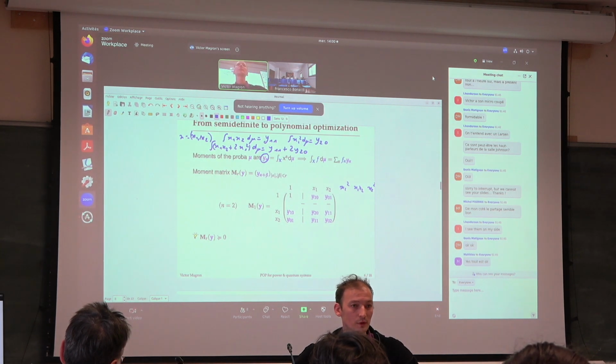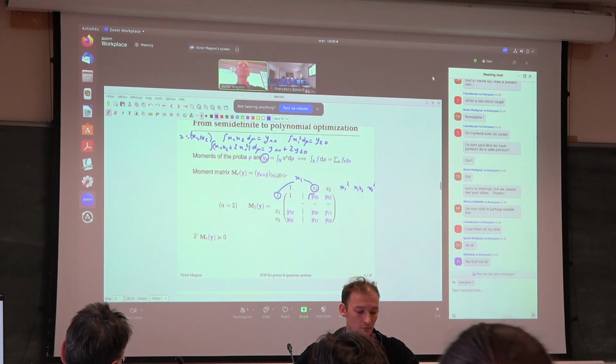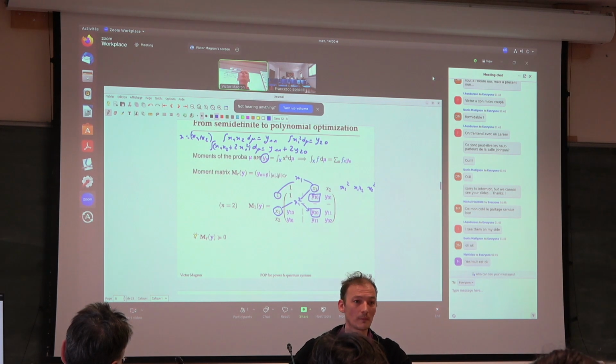And to decide which moment you put, you multiply the column index by the row index. So here I multiply these two guys. So this is x1. And I put the corresponding moment entry, which is y10, so this guy. Okay? And so for instance, if I multiply x1 by x1, I have x1 squared, and then it gives me y20. Okay? So this matrix depends linearly on y.